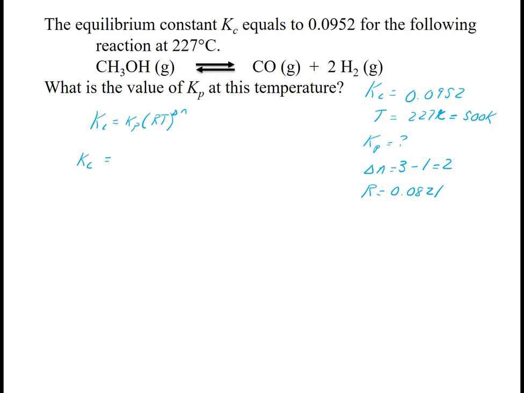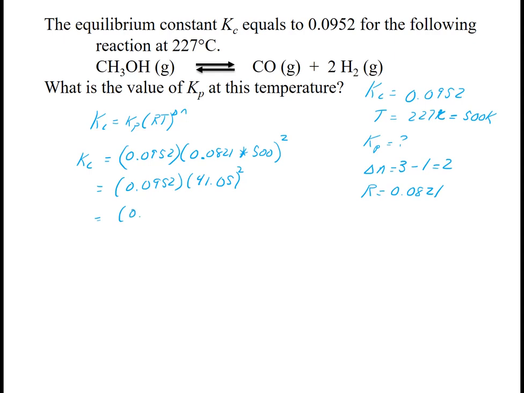I have Kp times the quantity 0.0821 times 500 raised to the 2. I'm going to leave the first part alone, 0.0952, and do the quantity inside the parentheses, and I get 41.05. It's still squared.